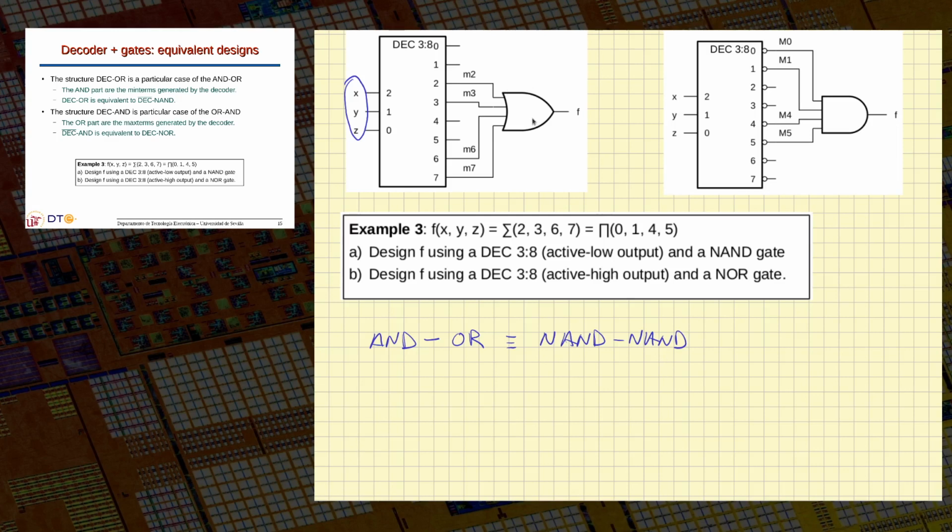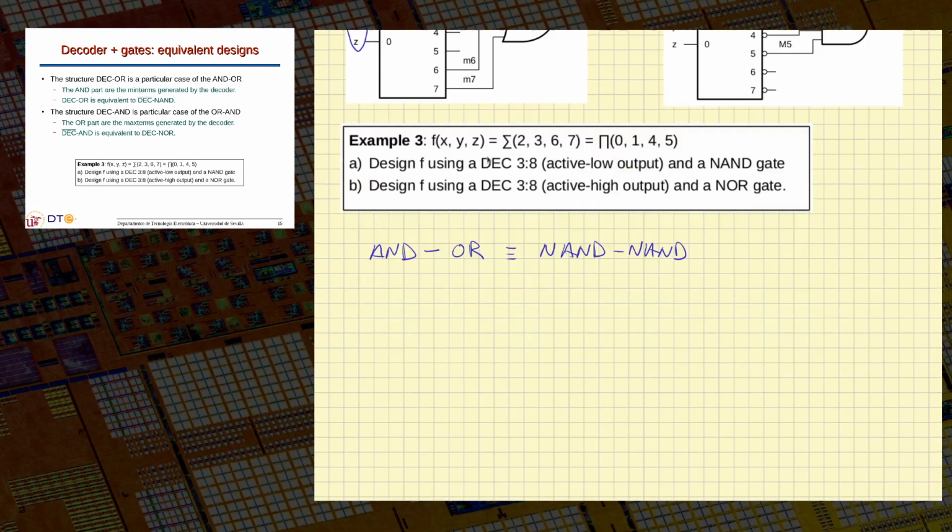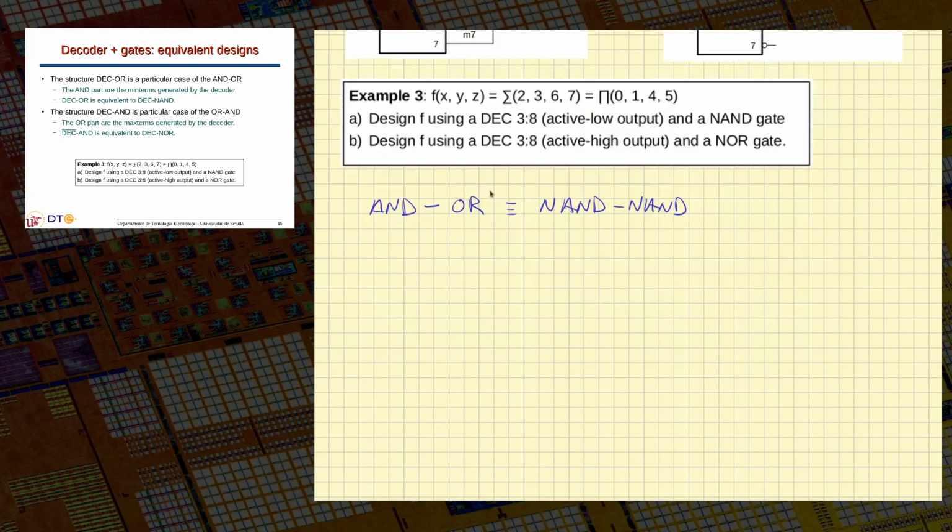So thinking in those terms, we just use the same connections here, but we substitute the decoder. Basically, it could be something like this. I'll draw my decoder here.